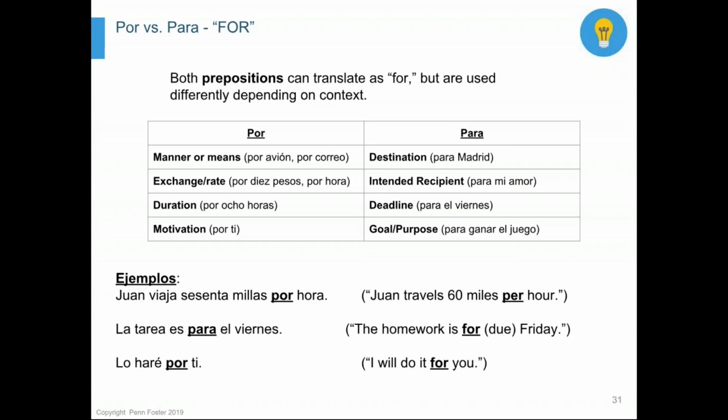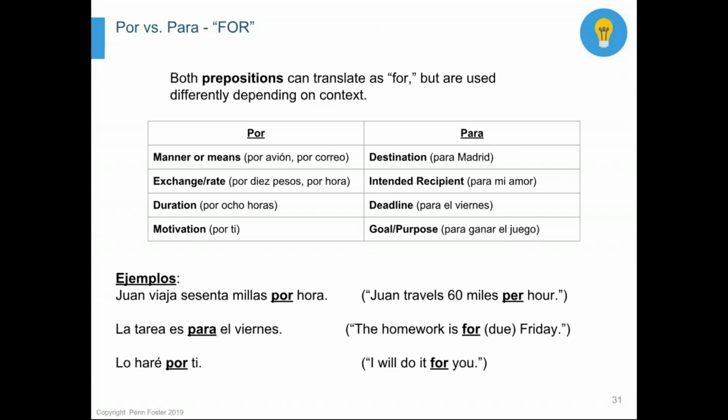So a gift versus a favor, which is more motivation. When you have a deadline, if you have homework or an assignment or an exam due, para is used. And typically, if you have a goal or a purpose, you're going to see an infinitive verb like ganar, ending in AR, ER, or IR, after the preposition. Para is the one that is used before an infinitive when there's a goal or a purpose in mind.